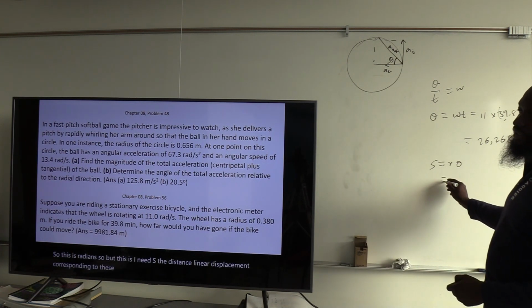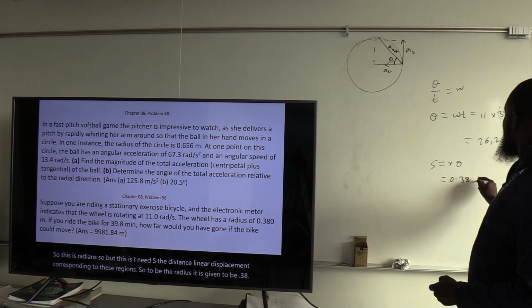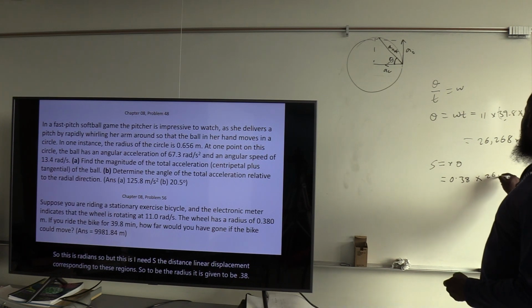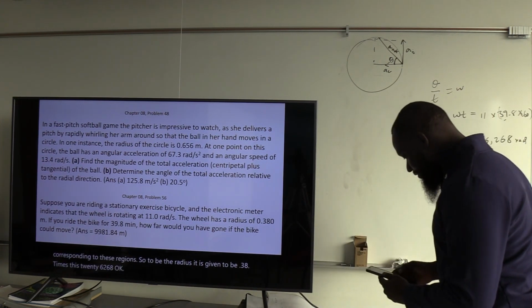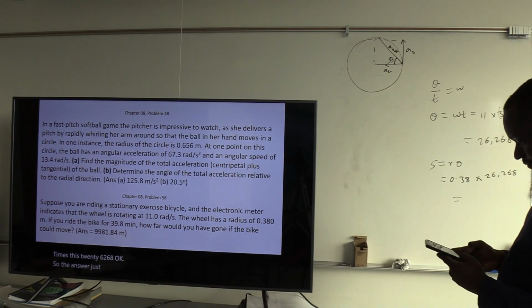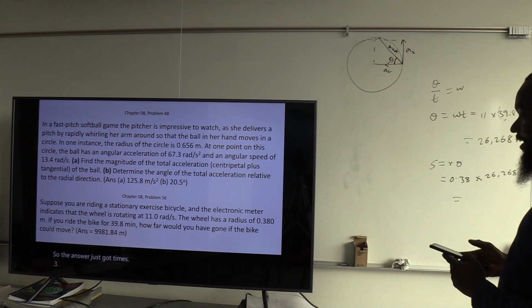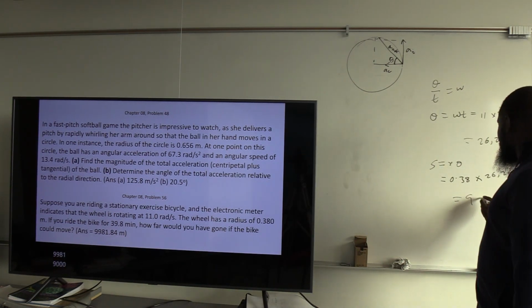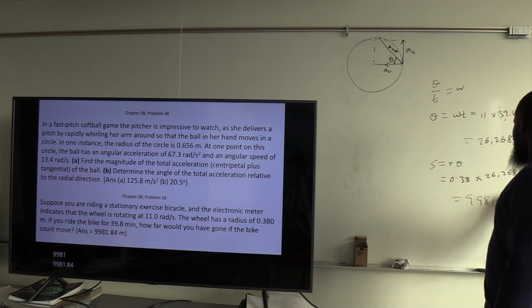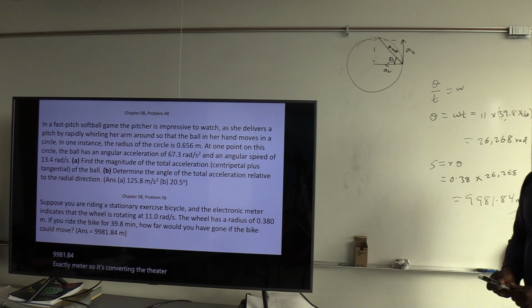So it will be the radius, which is given to be 0.38, times this 26,268. Okay? So the answer I just got times 0.38. 9,981.84 exactly meters. So it's converting the theta to S, and that's it. And that solves the problem.